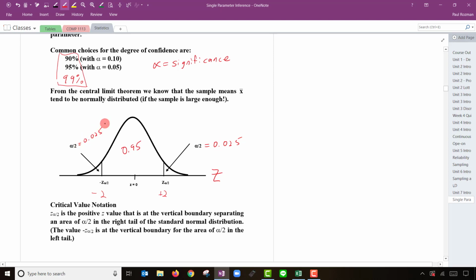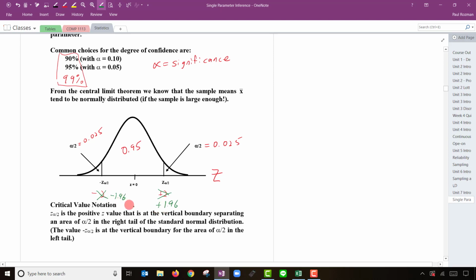We also learned since the empirical rule that these scores aren't exactly 2. If you read your Z table for these values, you actually get 1.96. And this one is no longer -2, it's -1.96.